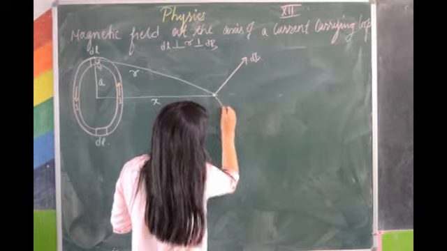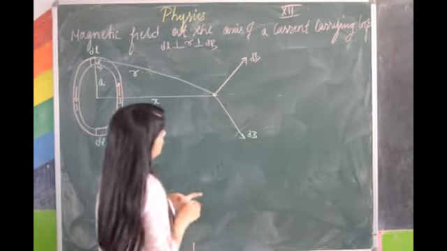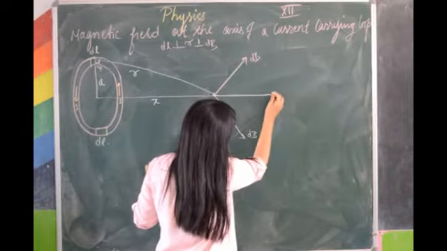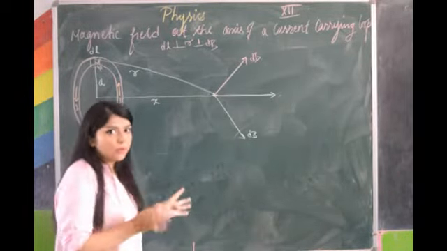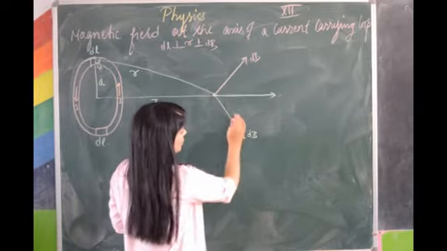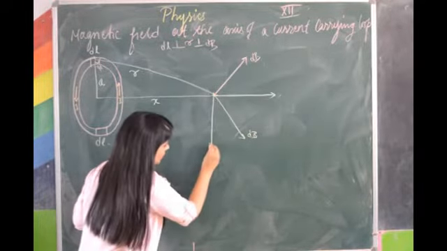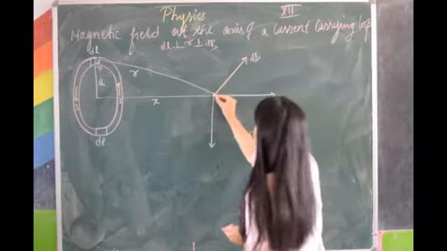For this dB, I am taking this chalk. Now for this vector, when we resolve two vectors, when you break two vectors, this dB can be made into a perpendicular and a base one. Okay? Now when we resolve this vector over here, this also will be resolved.